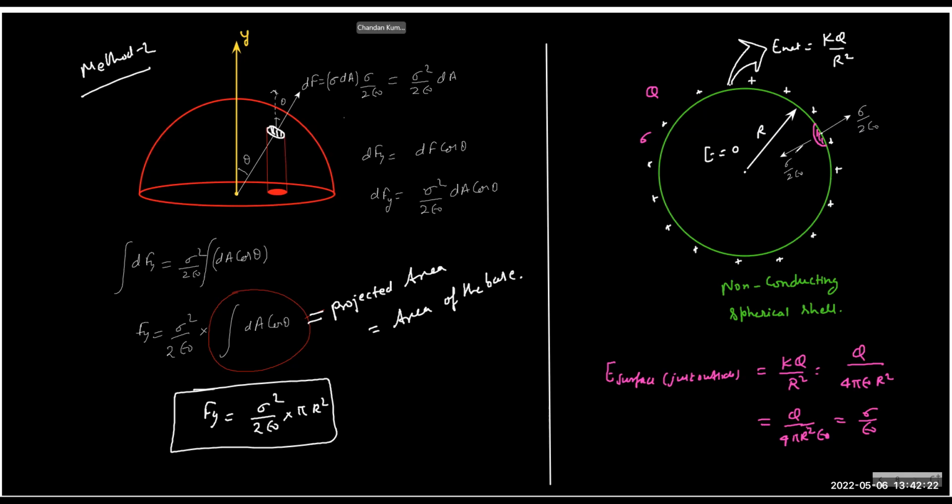The remaining charge will try to cancel the inner field, because we know from Gauss law the net field inside is 0. The yellow arrow represents the field due to the remaining charge except the patch, which is also sigma by 2 epsilon naught, and therefore outside it will add up, inside it is again 0. Understood? So again, this shell will also experience the electrostatic pressure by the same formula. Understood? And this is not a conductor.